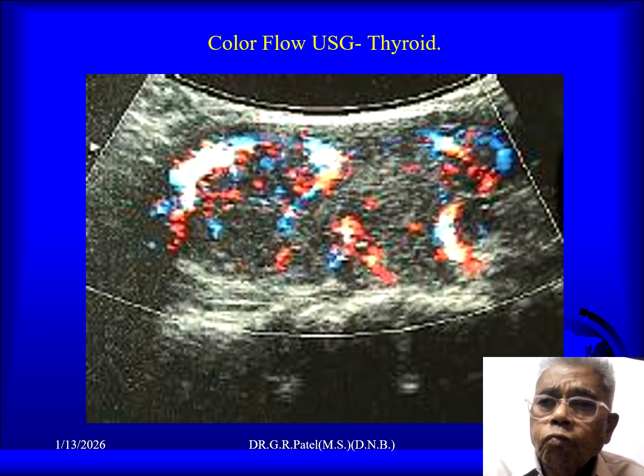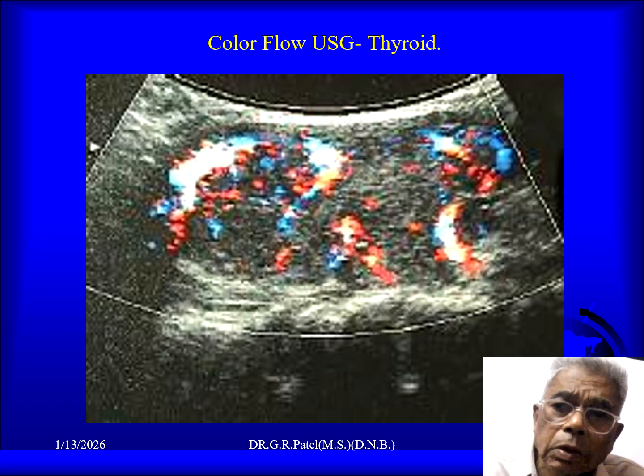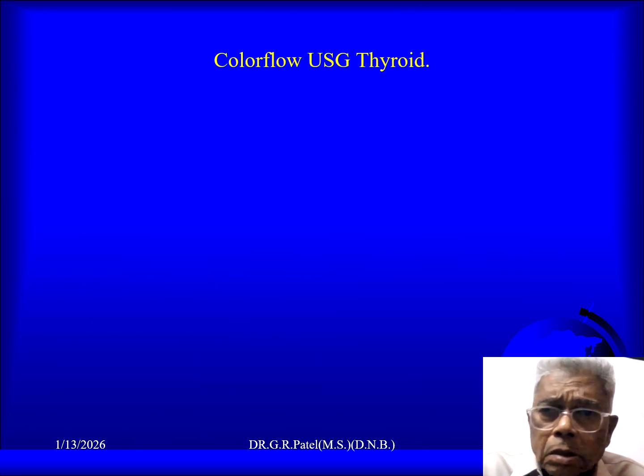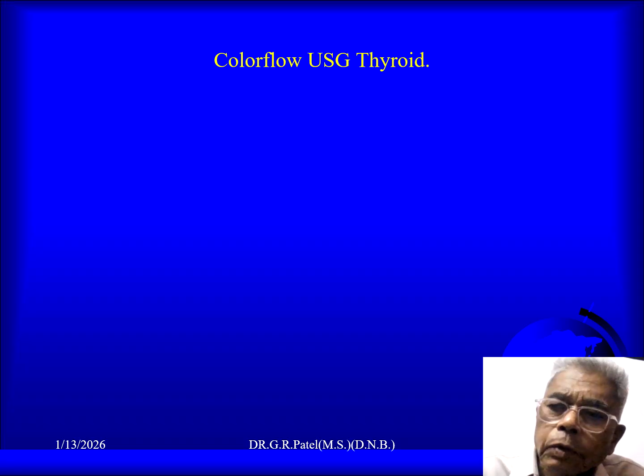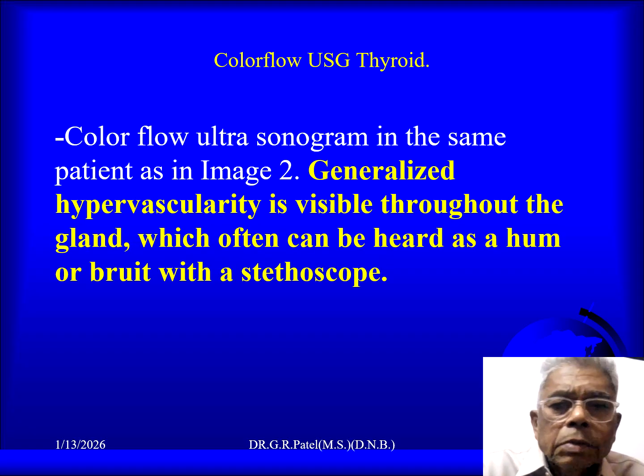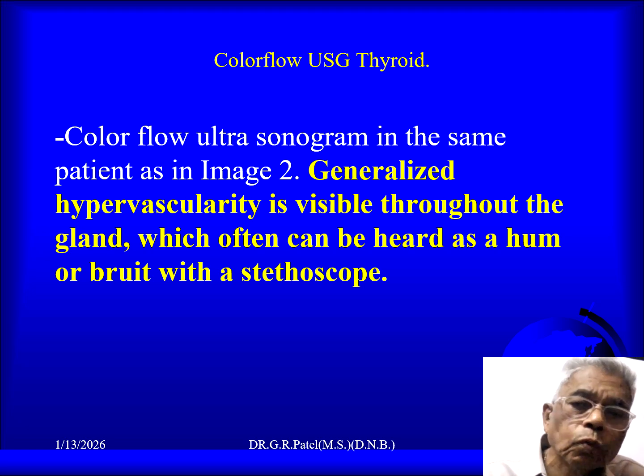This is color flow Doppler of USG thyroid showing the hypervascularity in the thyroid substance. Color flow ultrasonogram in the same patient as in the previous image.